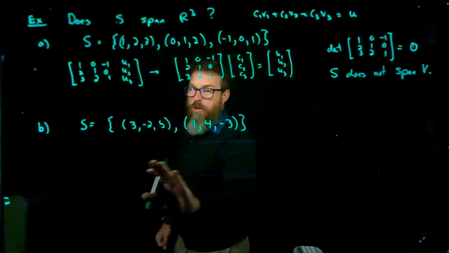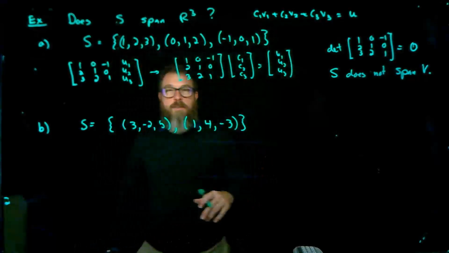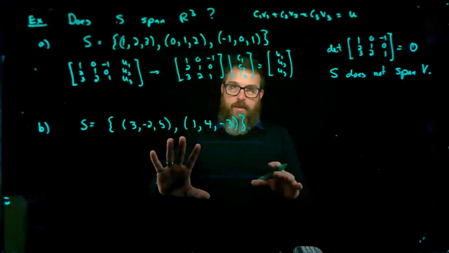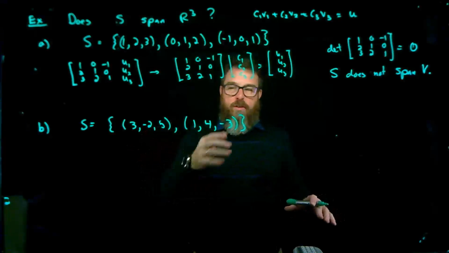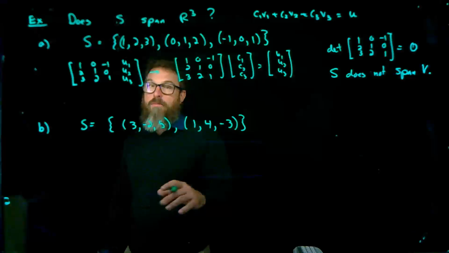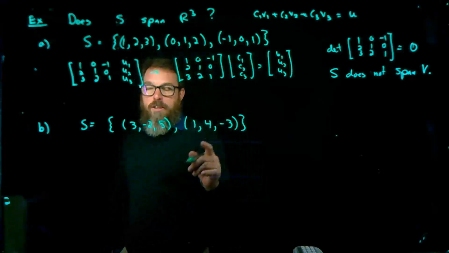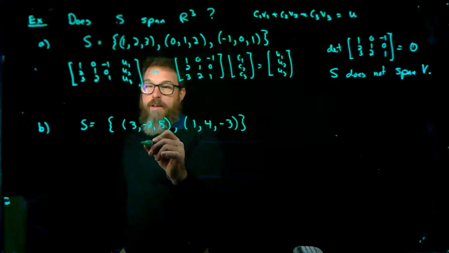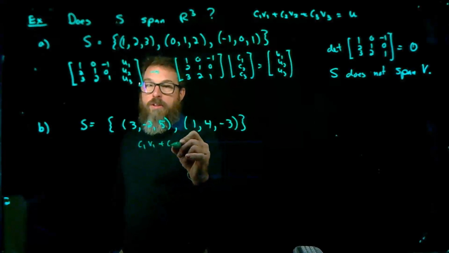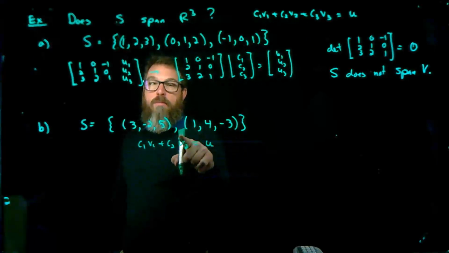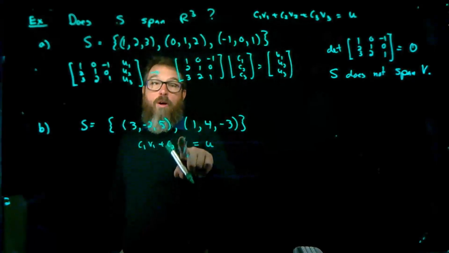Another way to show that S might not span V is to look at something like this. I'm going to show you the geometry of this using an easier vector space than R3, maybe something with one less dimension. If I want to show that this doesn't span it, remember that C1 V1 plus C2 V2 has to be equal to any vector in R3.